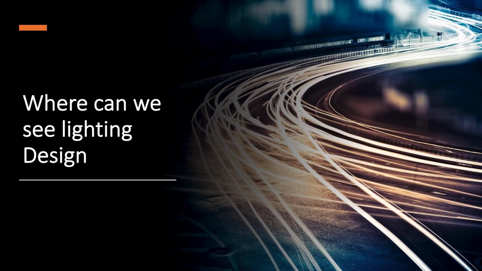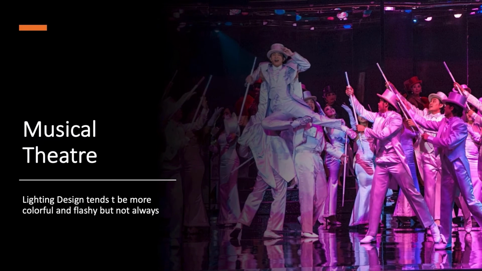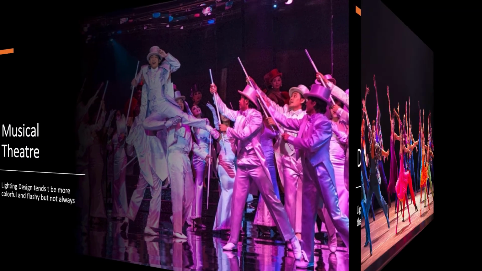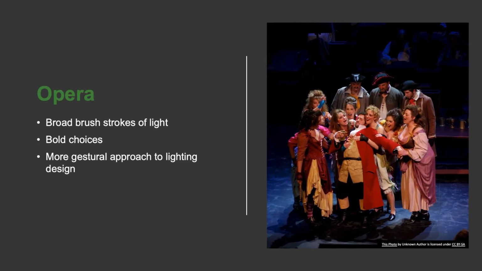Where can we see lighting design? Stage, such as non-musicals. In non-musicals, the focus of the lighting design is primarily the actors so that the words can be heard. Musical theater. Lighting design tends to be more colorful and flashy, but not always. Dance. Lighting focuses on forms and the body of the dancer. Opera.